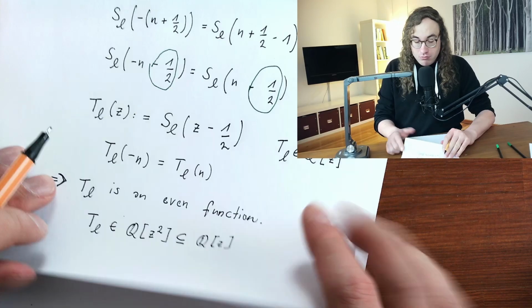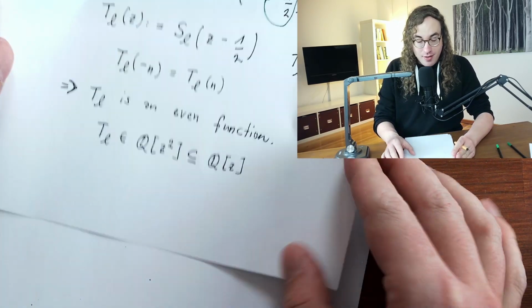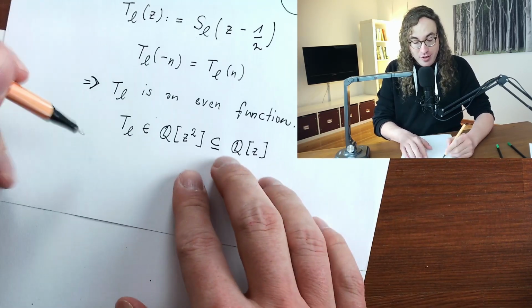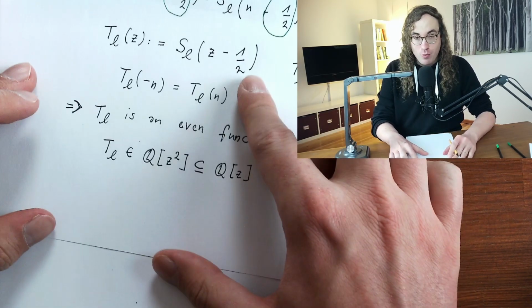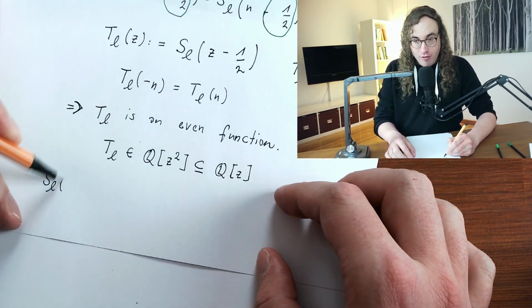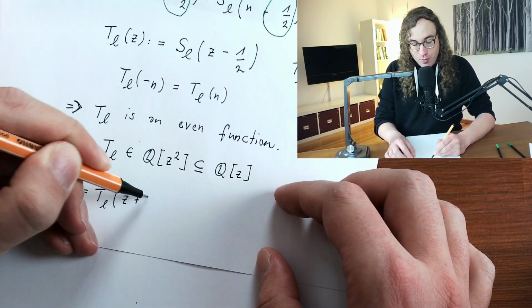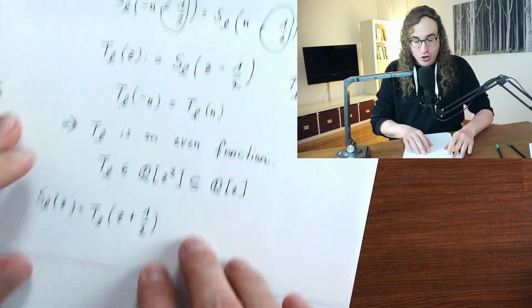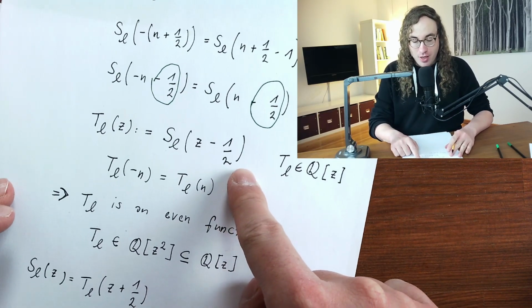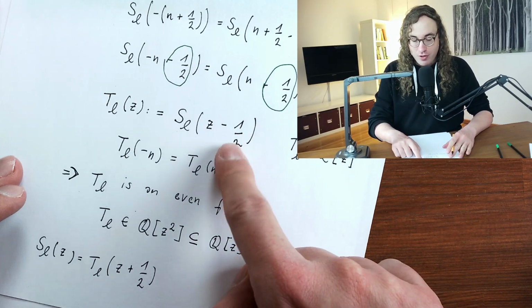Good, and now I'm basically done. This is the main trick of the whole proof, because now I can compute what SL was. Remember, SL of Z was actually the same as TL of Z plus 1/2. This is just undoing the coordinate transform here. I've shifted here by minus 1/2.